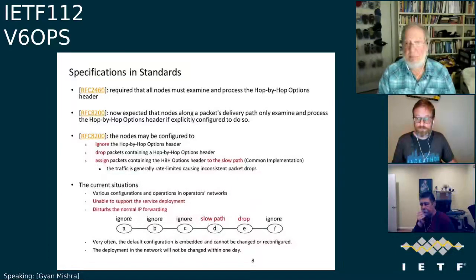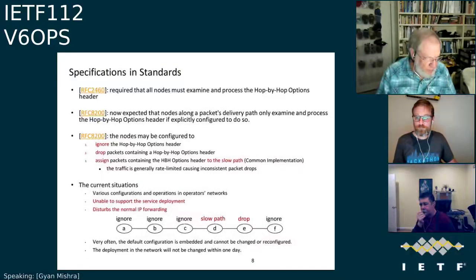As well, under RFC 8200, nodes may be configured to ignore, drop, or assign packets containing the HBH options to the slow path. So with current configurations, operator networks are unable to support service deployments, and it disturbs normal IP forwarding. That's really the big issue, especially on the public internet, as well as private MPLS and internal networks.